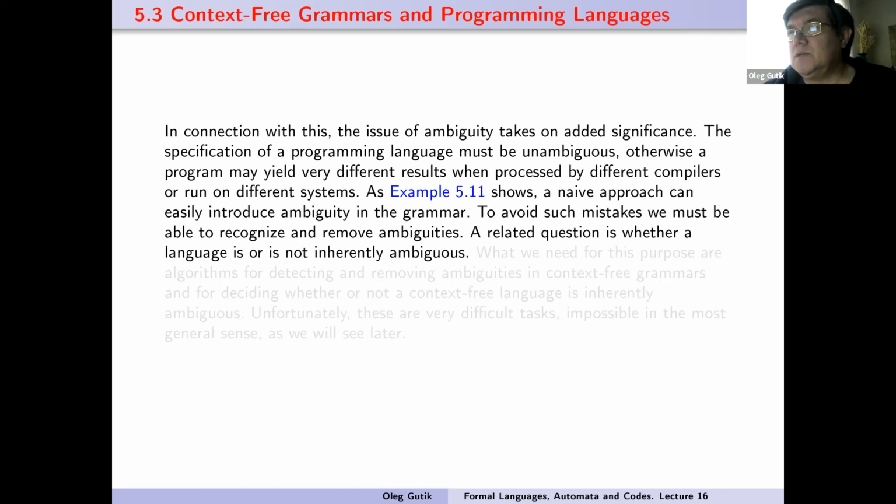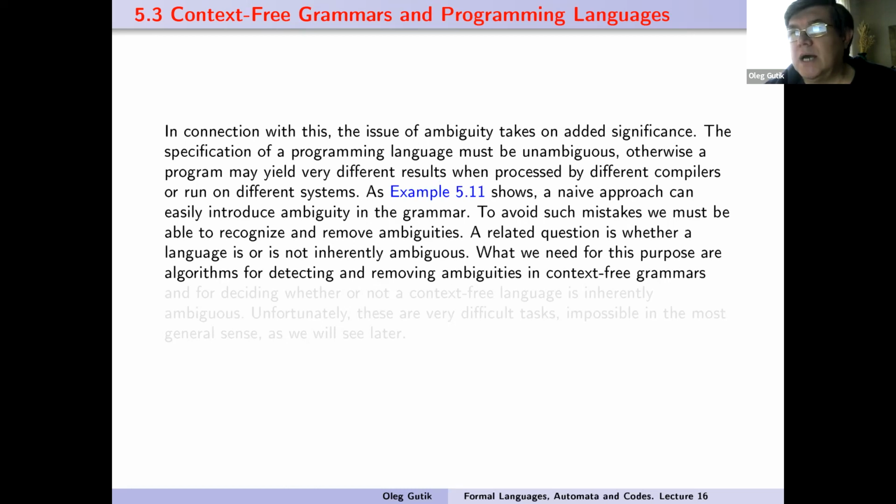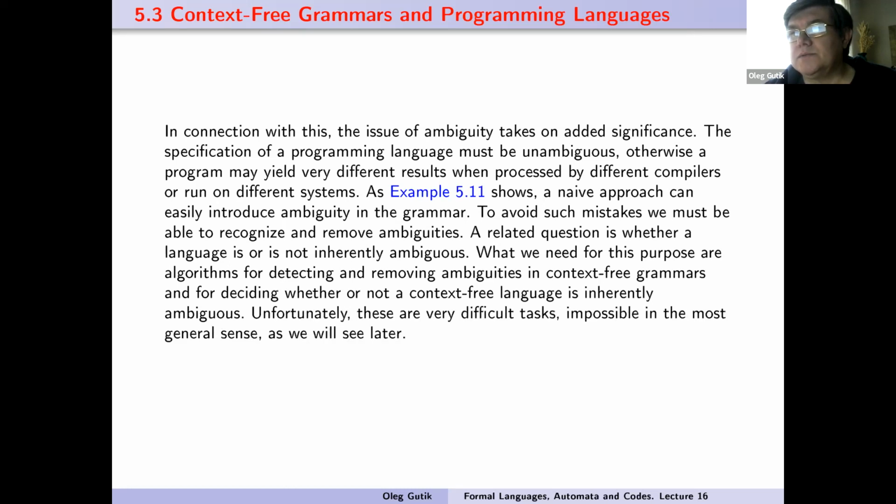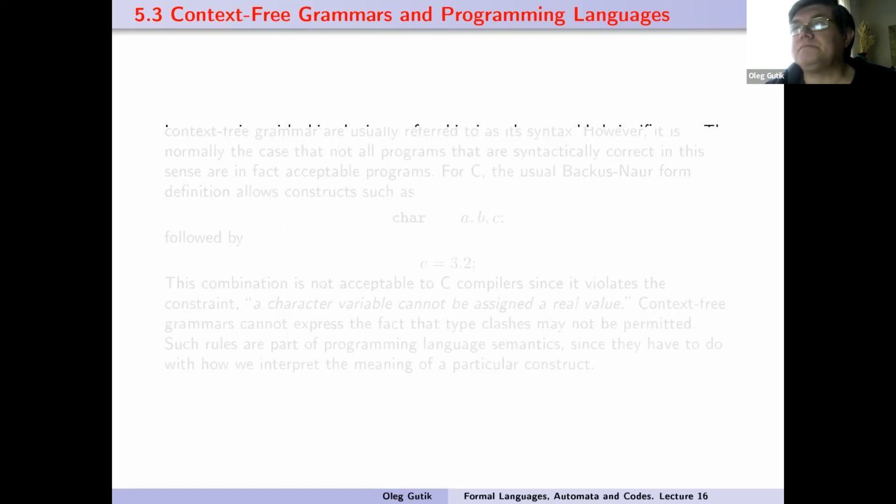A related question is whether a language is or is not inherently ambiguous. What we need for this purpose are algorithms for detecting and removing ambiguities in context-free grammars, and for deciding whether or not a context-free language is inherently ambiguous. Unfortunately, these are very difficult tasks, impossible in the most general sense, as we shall see later.